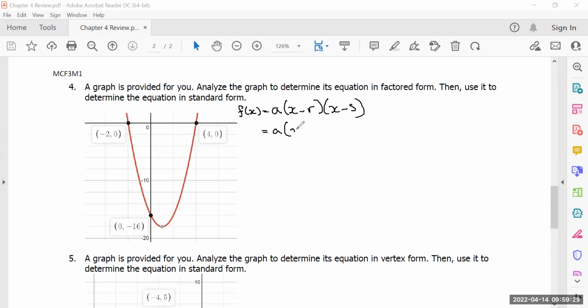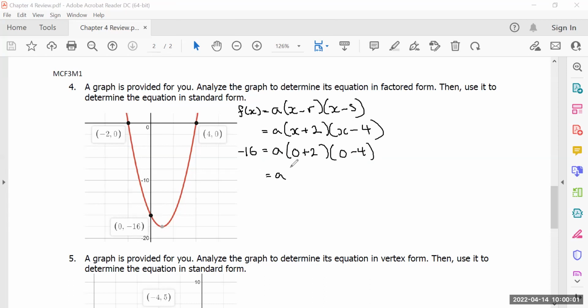Those x-intercepts belong in r and s. So minus a -2 is +2, minus a +4 is -4. Next, we're half done. I need to find the a value. And to do that, I need one more point. Lo and behold, the y value is -16 if the x value is 0.